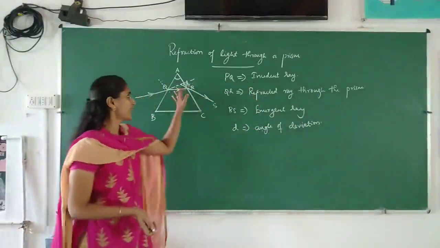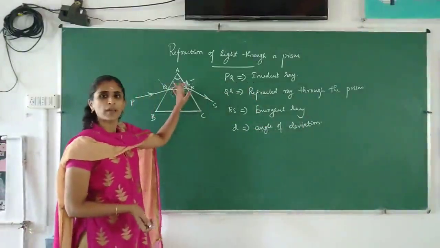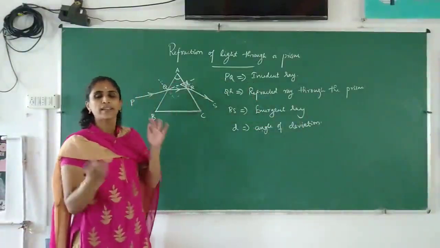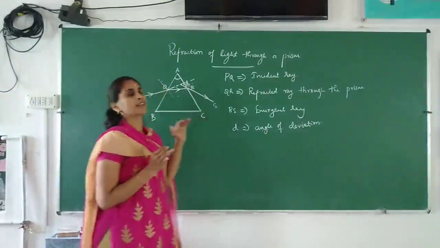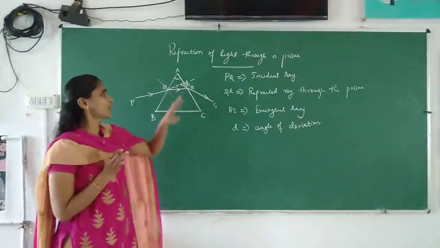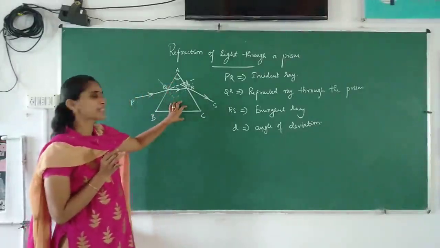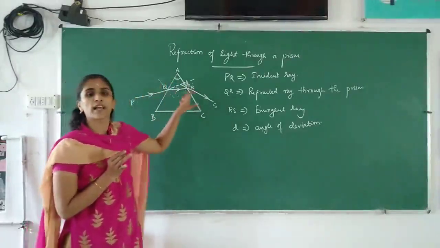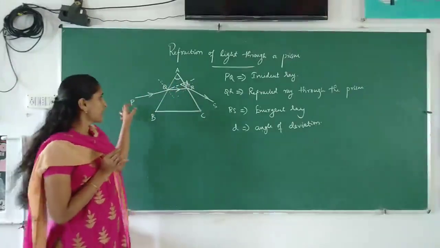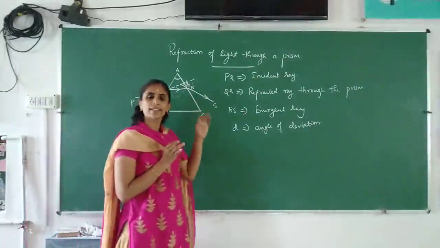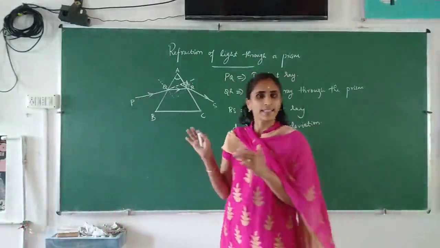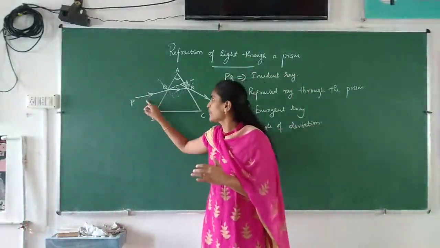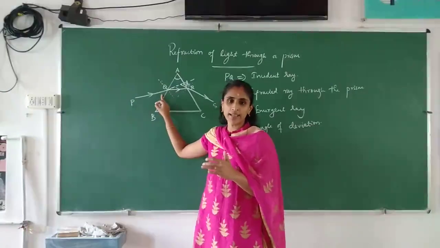You can measure the angle of deviation by doing an activity. You can keep a prism on a white sheet, fix the sheet, and draw the outline of the prism. You can draw a line in such a way that it makes some angle between 30 degrees and 60 degrees, and keep two pins on the line.